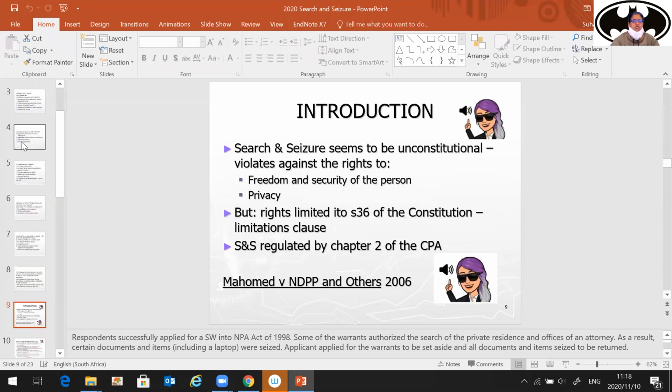So search and seizure, you'll understand, is searching for evidence like the drugs, the murder weapon, the stolen vehicle, whatever the case may be. And having gone through the slides and the audio, you've picked up that search and seizure, as contained in the Criminal Procedure Act, also allows police to search premises for people, in other words, looking for suspects or for people they can ask questions of.